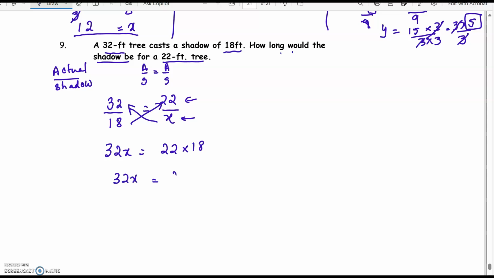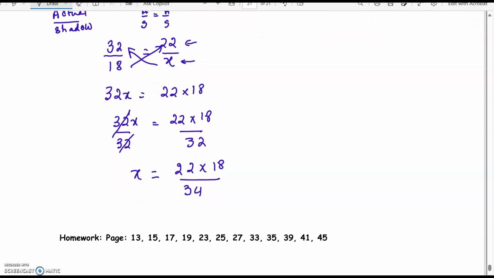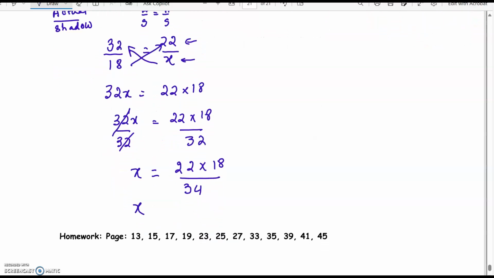32x is equal to 22 times 18, and now we have to divide both sides by 32. We cancel common factors and we get x equals 22 times 18 over 32. Let's see what we can cancel. We've technically solved for x, but we just need to simplify and get the final answer.